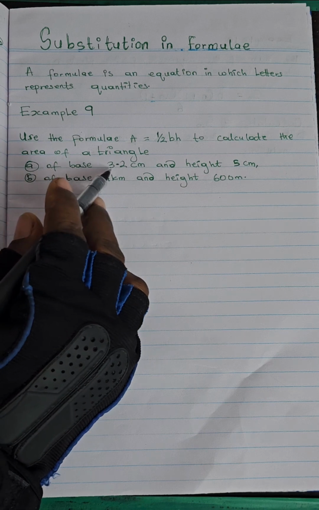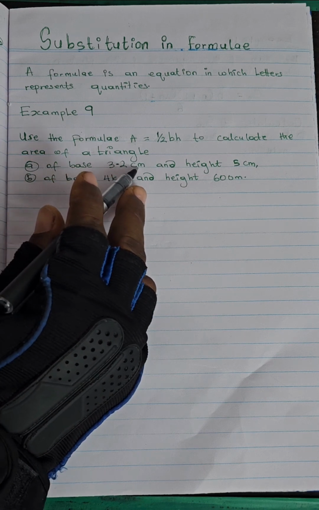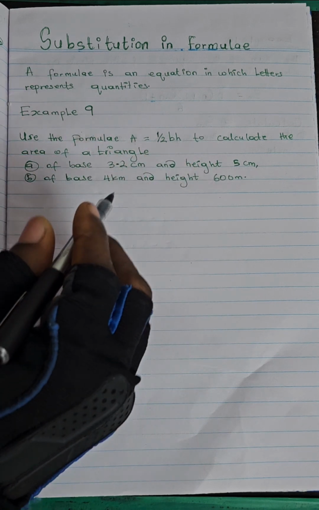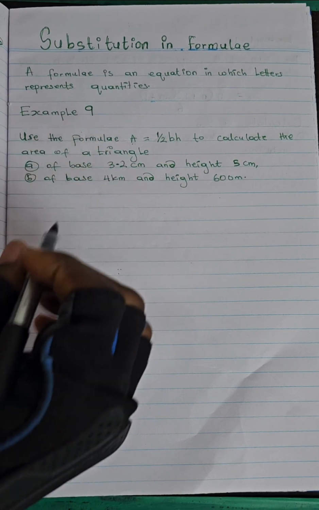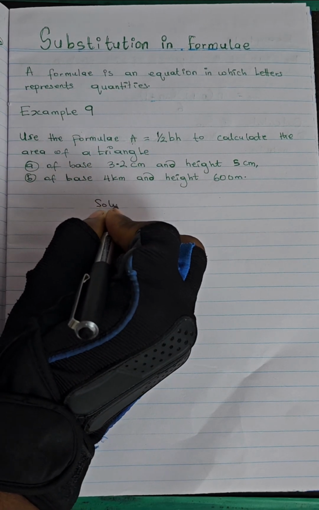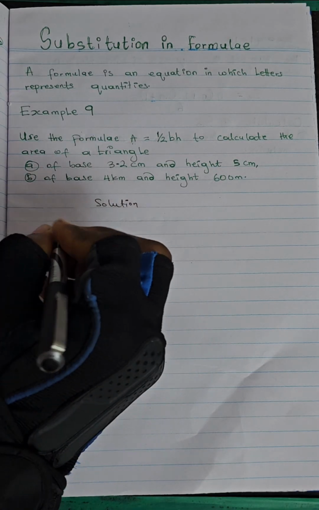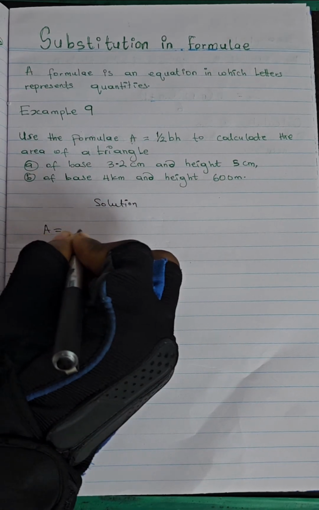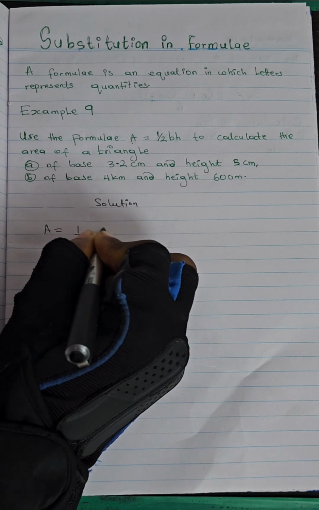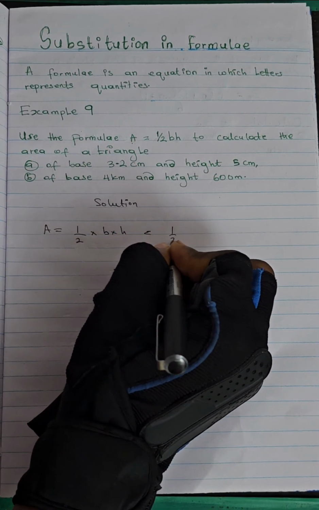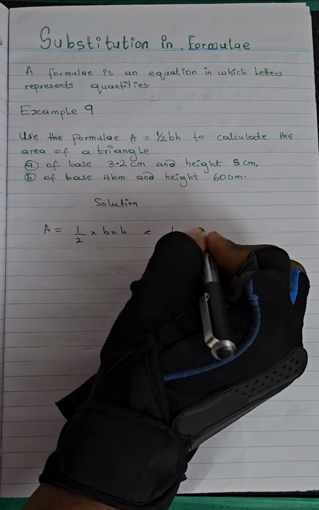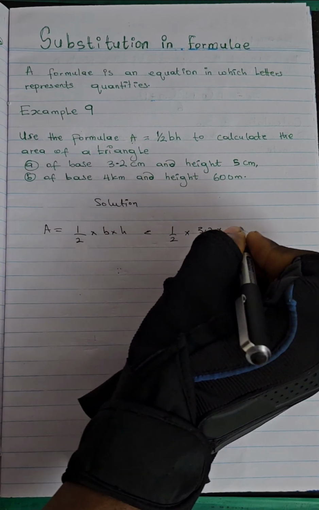First, we say the base is 3.2 cm and the height is 5 cm. So what's the base? Base is the B and height is H, and we're looking for the area. So we have it that area is 1 over 2 times B times H, which is 1 over 2 times our base, now 3.2, times what?